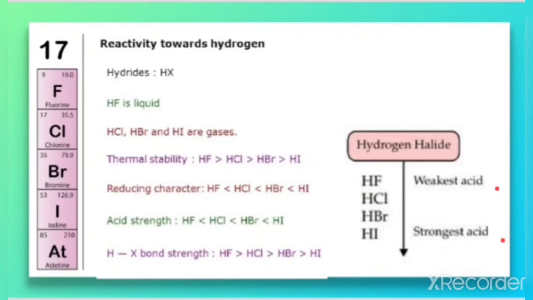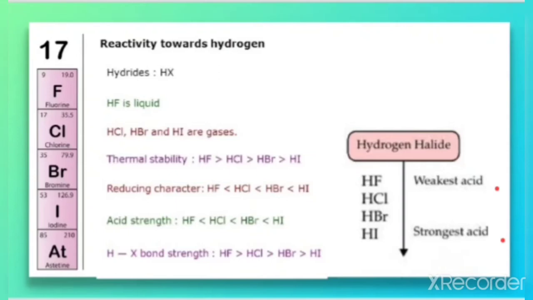What is the reason why HI is a stronger acid than the others? Because the size of I is greater, so the bond length is greater, it is easy to break, therefore it easily gives H plus.